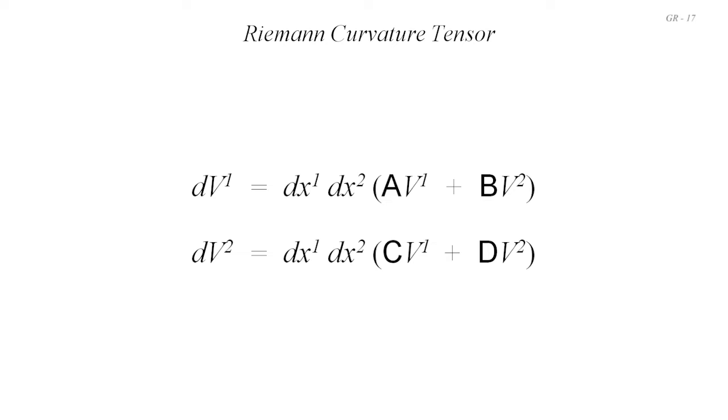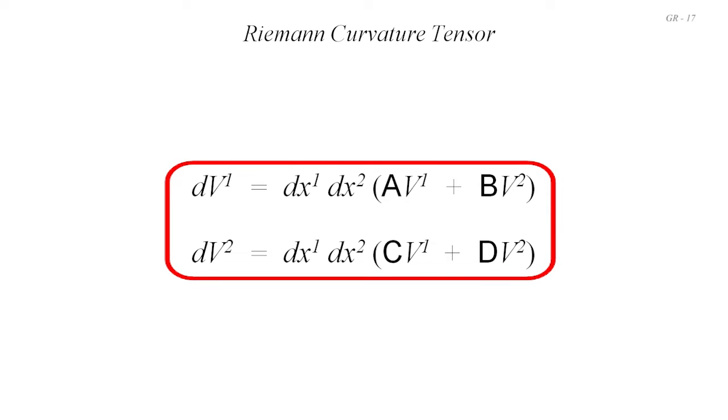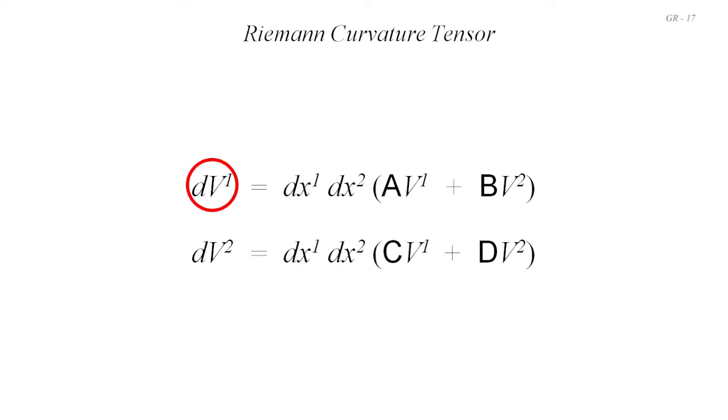Now, it's extremely important that you're reasonably comfortable with these two equations. Even though we've not said what the constants a, b, c and d are, the form of the equation should make sense. For example, the change dv1 must not only depend on the area of the loop dx1, dx2, but must also depend on the size of the original vector v, or rather its two components at the point v1 and v2.